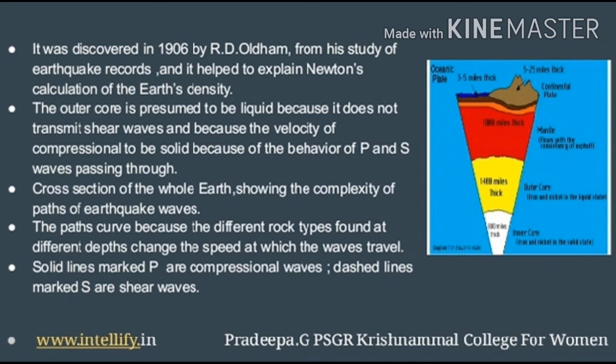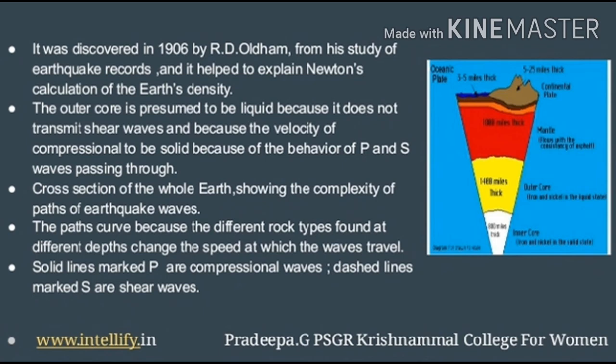The outer core is presumed to be liquid because it does not transmit shear waves. The inner core is presumed to be solid because of the behavior of P and S waves passing through it. This cross section of the whole Earth shows the complexity of paths of earthquake waves.